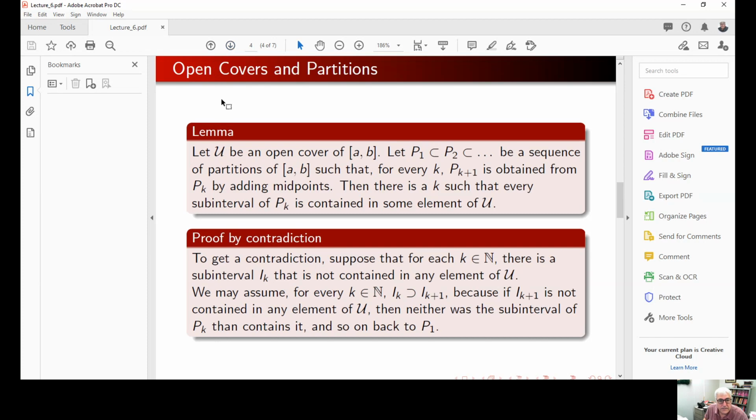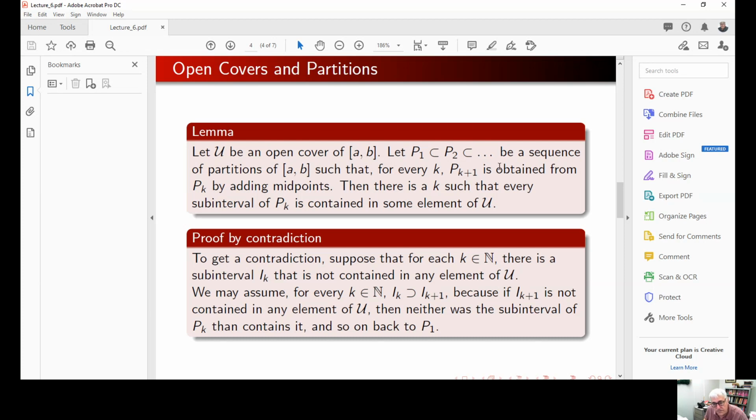Well, that's a lot of definitions. We've had 3 pages of definitions. We need to use them to prove something. Let script U be an open cover of [a,b], and let P1, P2, P3 and so on be a sequence of partitions.